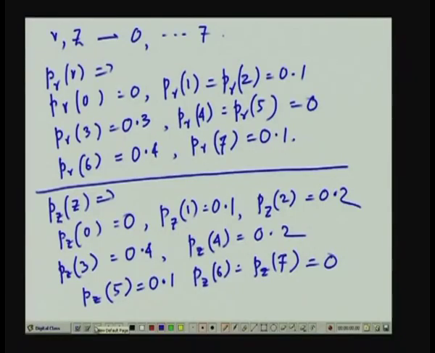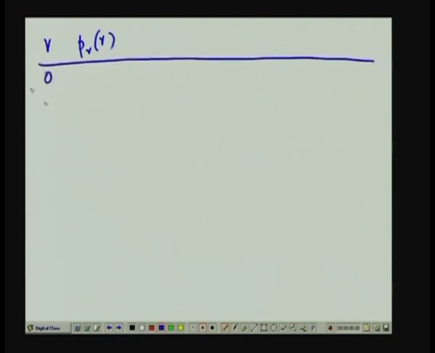For doing this, we follow the similar procedure as we have done in case of histogram equalization, where for different values of R we get P r r like this. For R equal to 0 we have P r r equal to 0, for R equal to 1 it is 0.1, for R equal to 2 this is also 0.1, for 3 this is 0.3, for 4 this is 0, for 5 this is also 0, for 6 this is 0.4, for 7 this is 0.1.